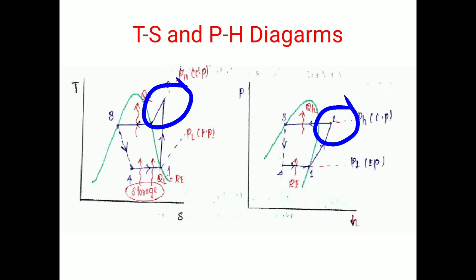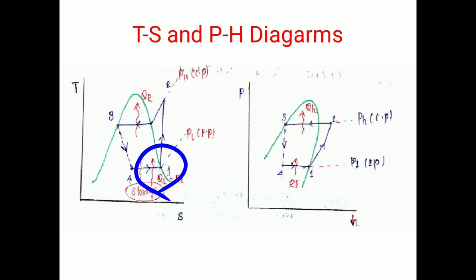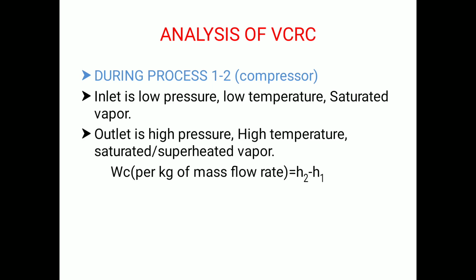In this case, it is a superheated vapor. And one more important thing is the point 1. The point 1 need not always be on the saturated vapor line. It may be in superheated region or in a wet domain. So this is the inlet and outlet condition of the refrigerant in vapor compression refrigeration cycle.